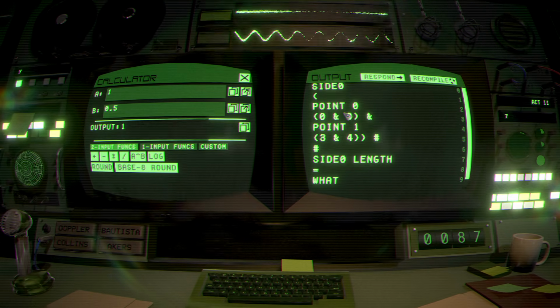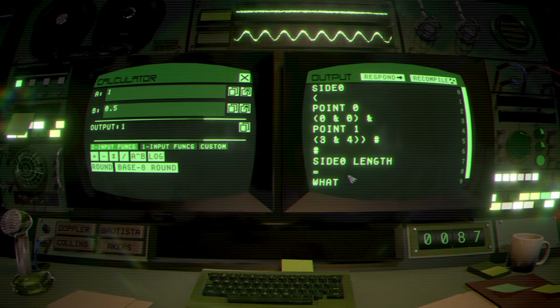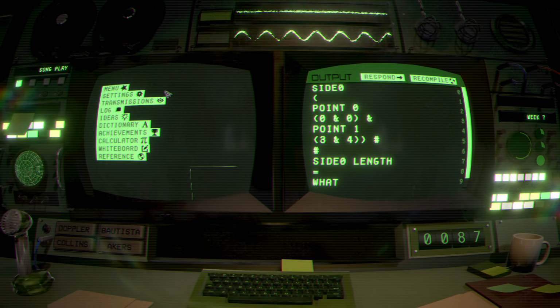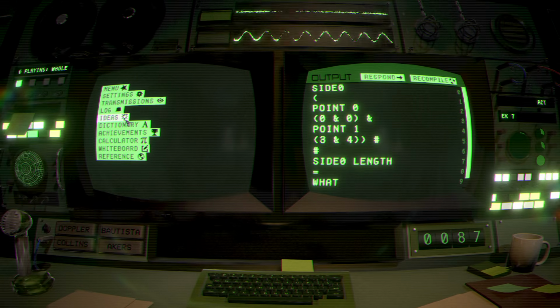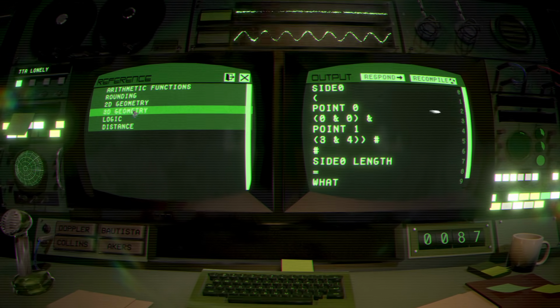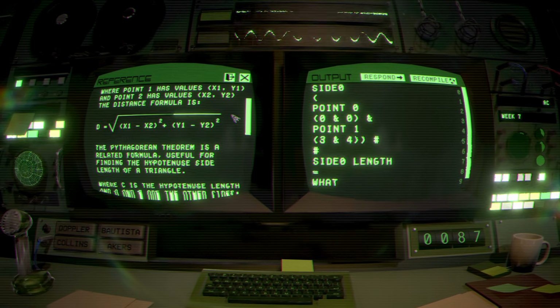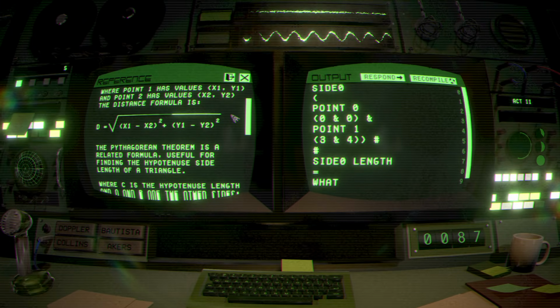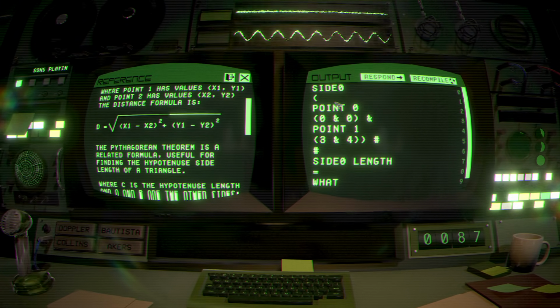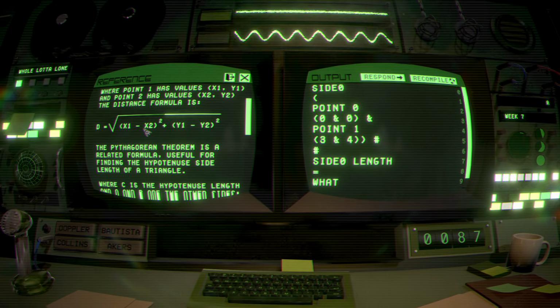Not getting there. What am I missing? Reference. Square root. 0 minus 0, 0.